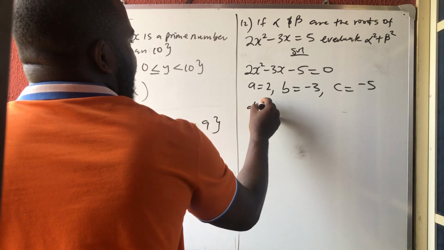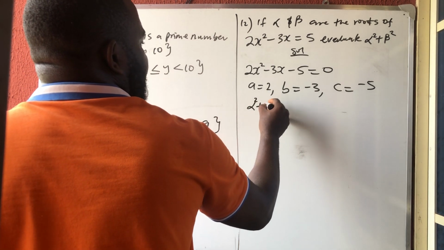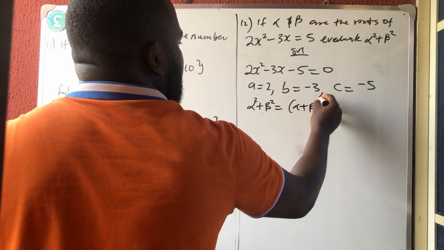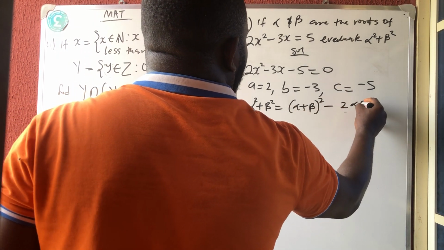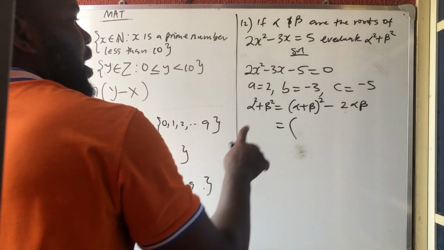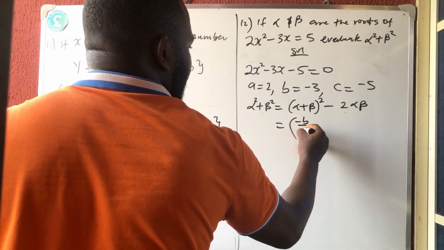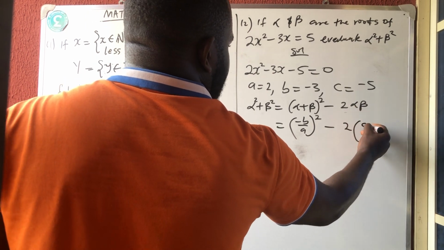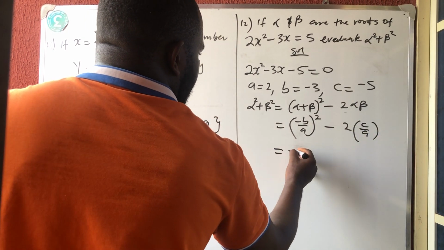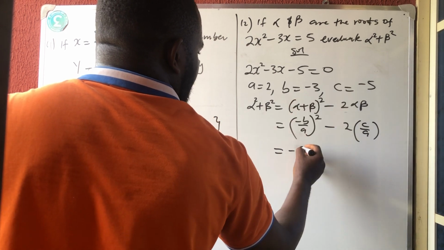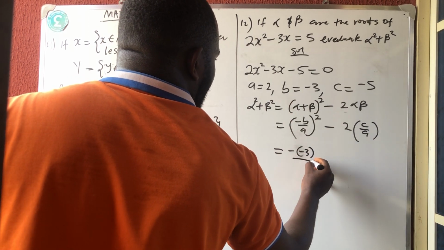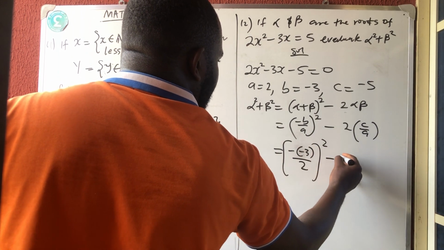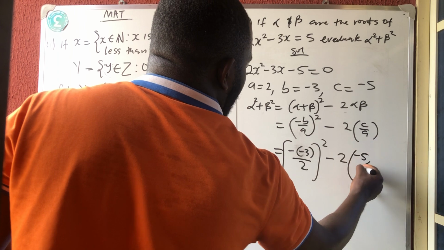So alpha squared plus beta squared is equal to what? Don't forget, it's alpha plus beta all squared minus 2 alpha beta. Don't forget that for alpha plus beta, the formula is minus b over a. And for alpha beta, the formula is c over a. So minus minus 3 all over 2, all squared, minus 2 into minus 5 over 2.